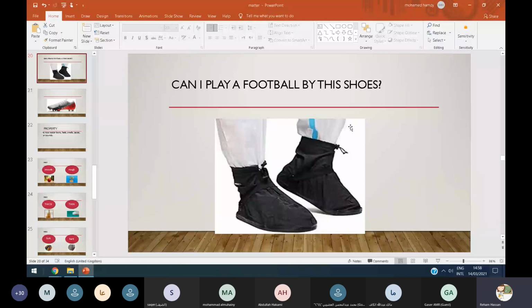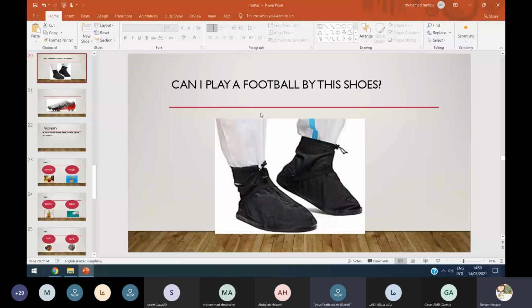Yes, honey. Tell me, can I play football with these shoes? Yes, I can. Or are these shoes for the rain? These shoes are for the rain. But why can't I play football with these shoes? Because it's for the rain only. Why, honey?